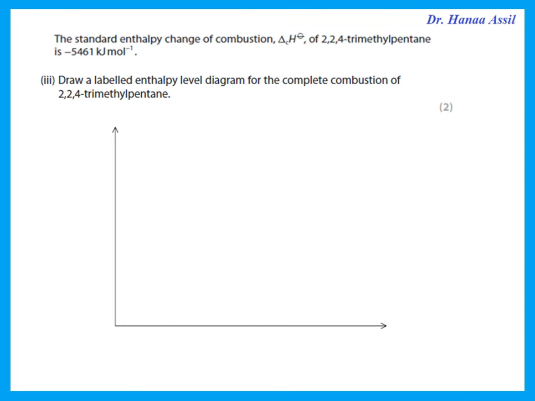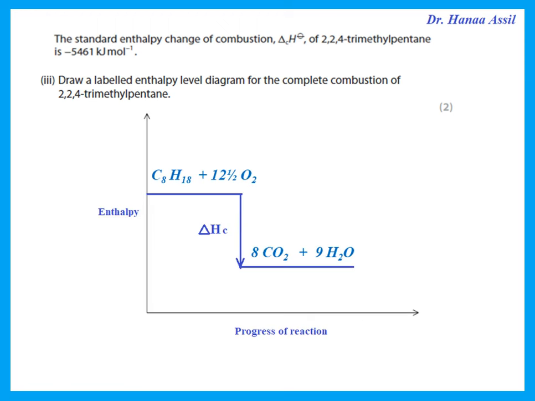He already tells me that the standard enthalpy change of combustion is minus 5461. So minus means it is exothermic, and this is how we draw the enthalpy level diagram. The reactants will be on top, the products below, and an arrow going down because the delta H is negative.